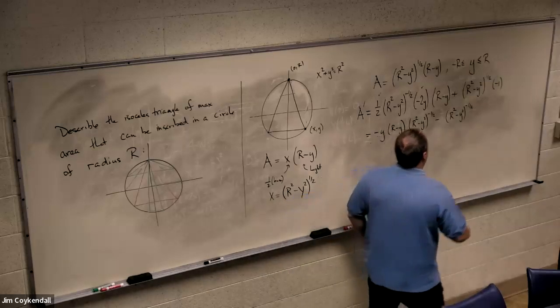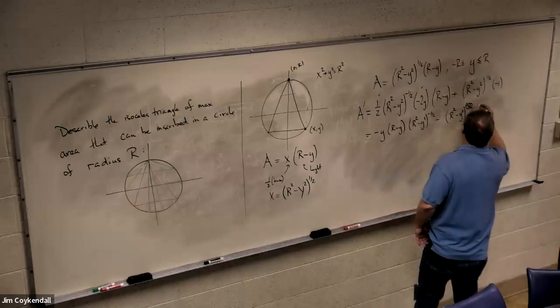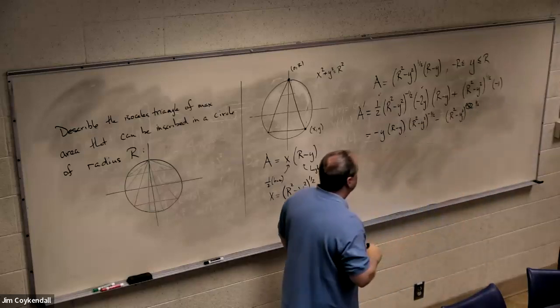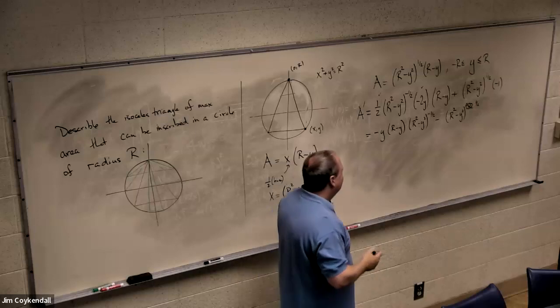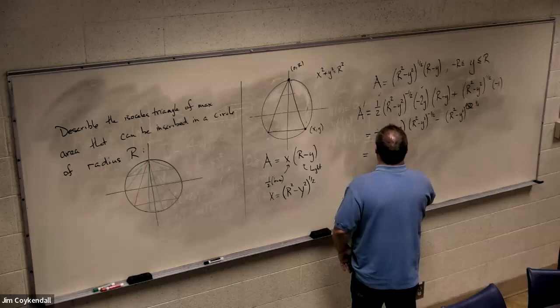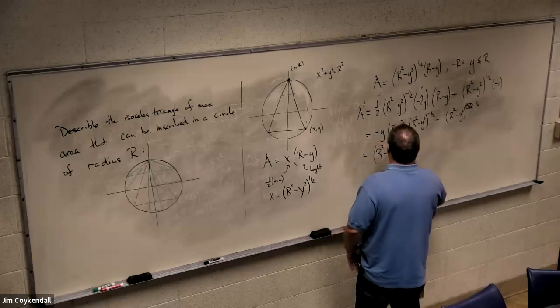I'm going to pull out an (r squared minus y squared) to the minus 1/2.